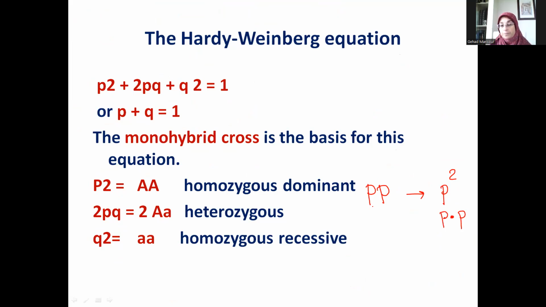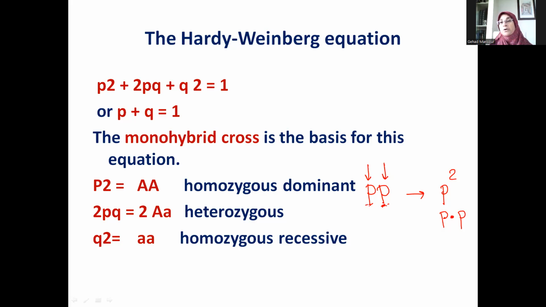Because if you are made from an allele P and another gamete P, then the probability that you have P, let's call P the probability that you have this allele in your somatic cells, and this one, the other allele, the probability that you have the other allele in your somatic cell.